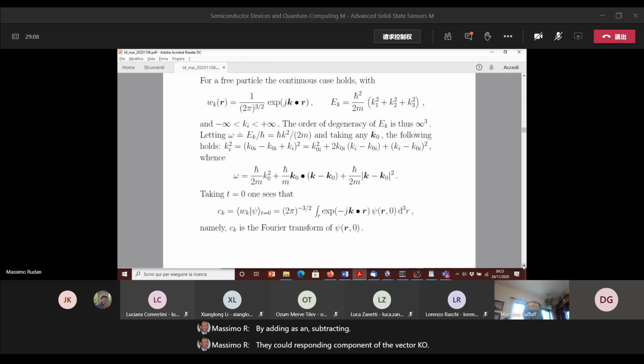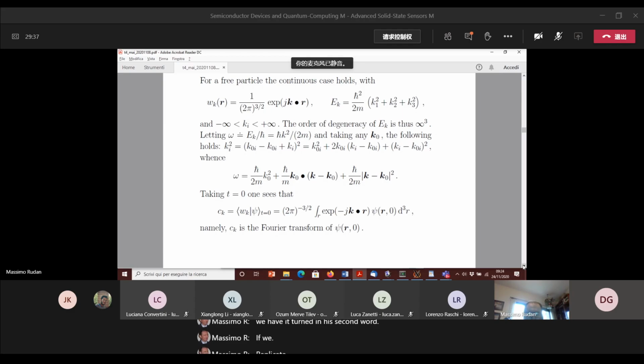And then we expand the quadratic form. So we have ki squared is equal to k0i squared plus, then there is a term that is first order in the difference ki minus k0i, and then we have a term that is second order.